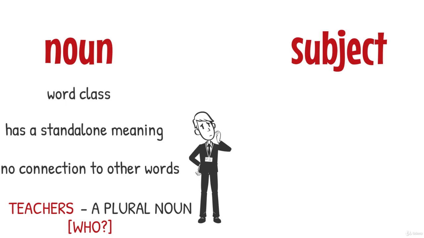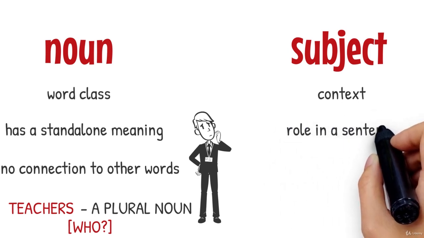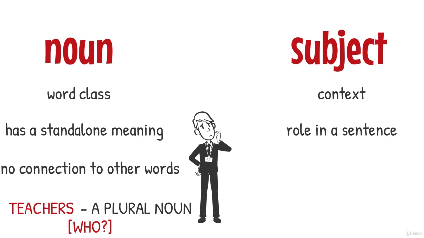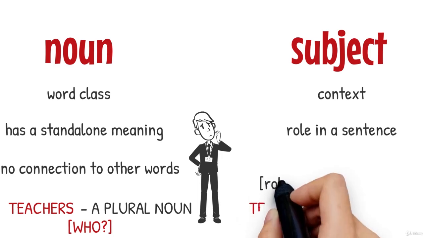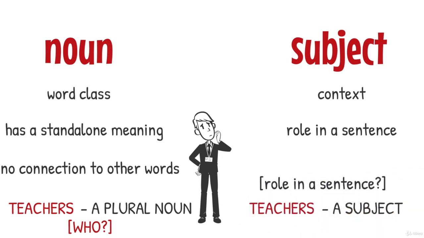But in the last sentence, the teachers agreed that the test was too difficult, we'll look at the context this word is used in, not its standalone function. And the noun teachers in this sentence plays the role of the subject.